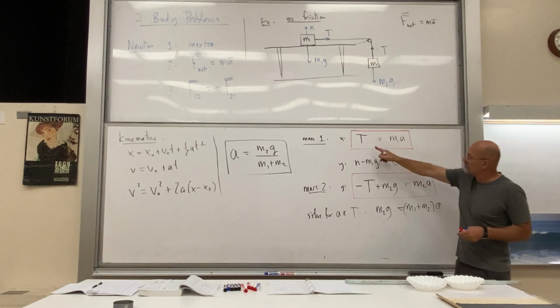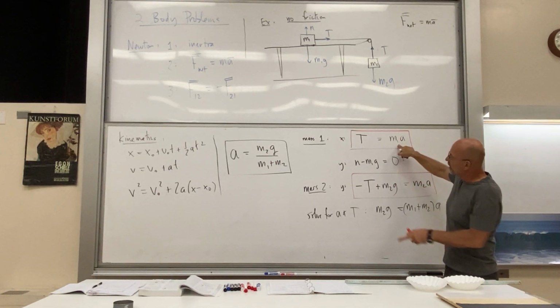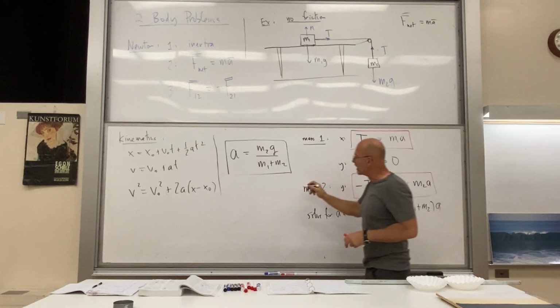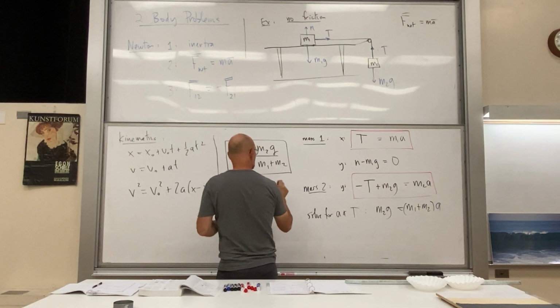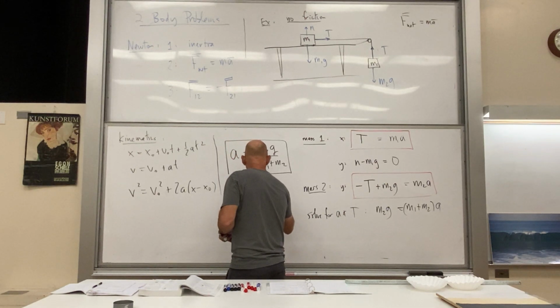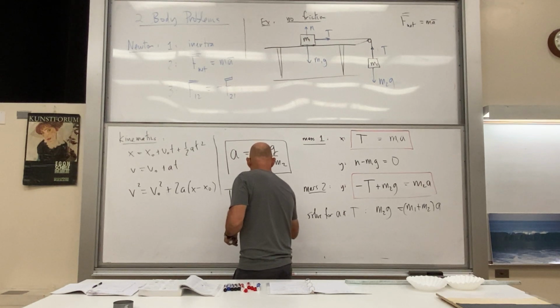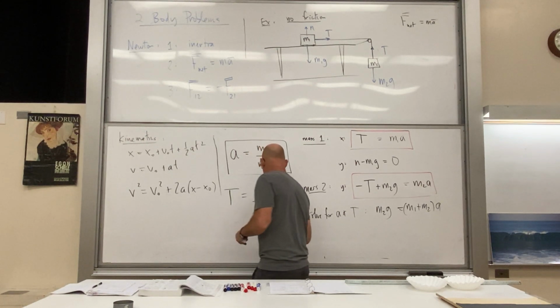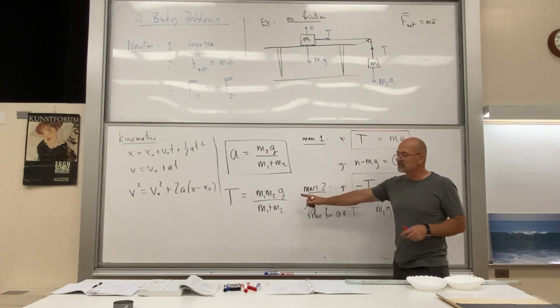The tension is just M1 times the acceleration. So now we're just going to multiply that acceleration by M1. The tension is equal to M1 M2g divided by M1 plus M2. Okay. It's nowhere near just as simple as M2 times g, is it?